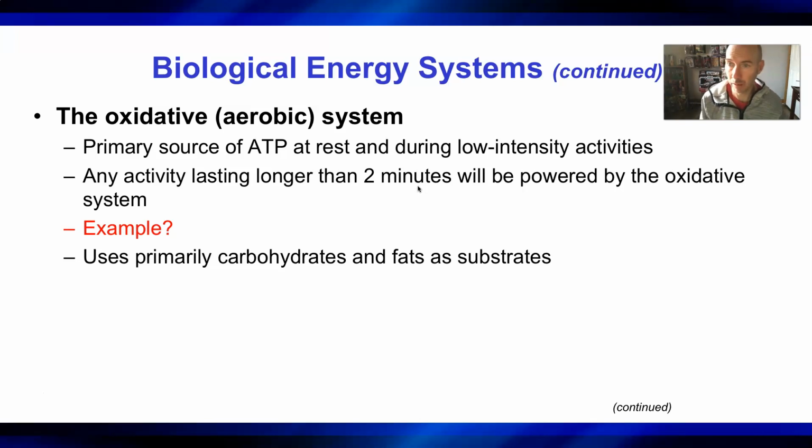When a basketball player, when there's a break in the action, there's a foul, the ball goes out of bounds, whatever happens, and they stop moving, they go from sprinting to walking, the aerobic energy system is going to kick in and start helping us recover for the next burst of activity, okay?